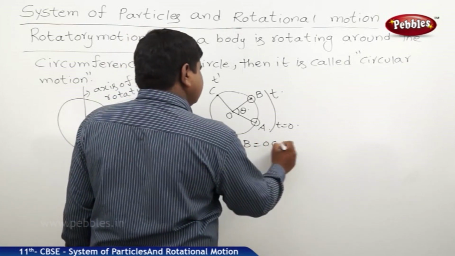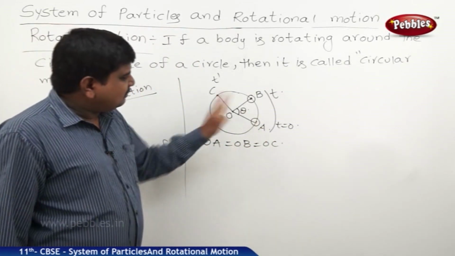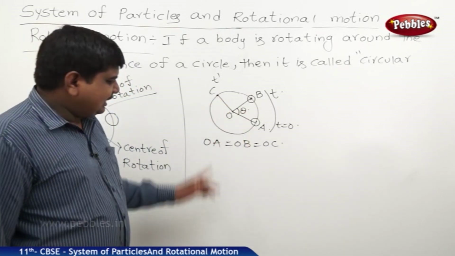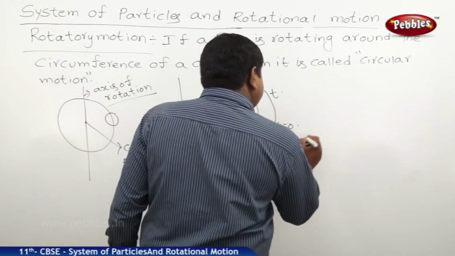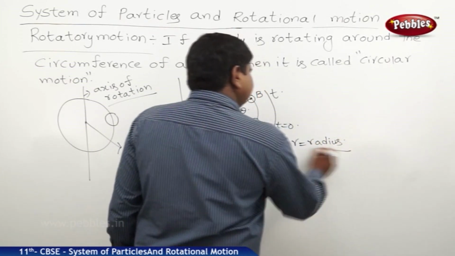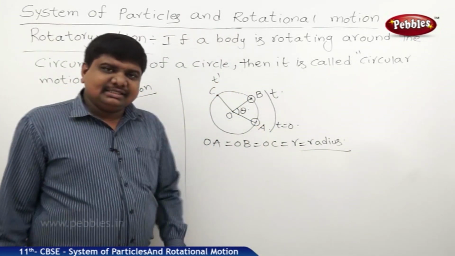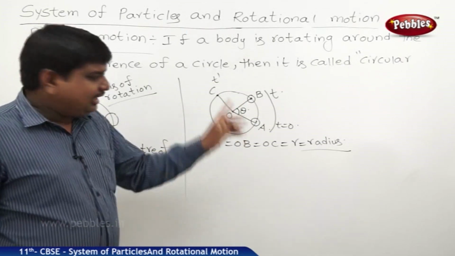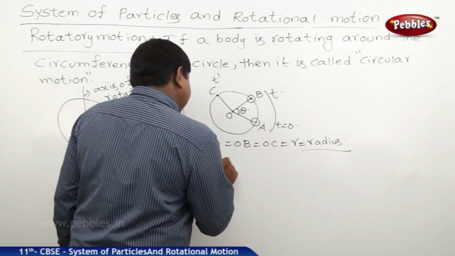It is equal to OC, because the body won't come out of the radius of the circular path. That's why OA, OB, OC all are equal to R, nothing but the radius. In terms of a circle, it is said to be radius, but in terms of a rotating body along the circumference of the circle, it is said to be position vector.